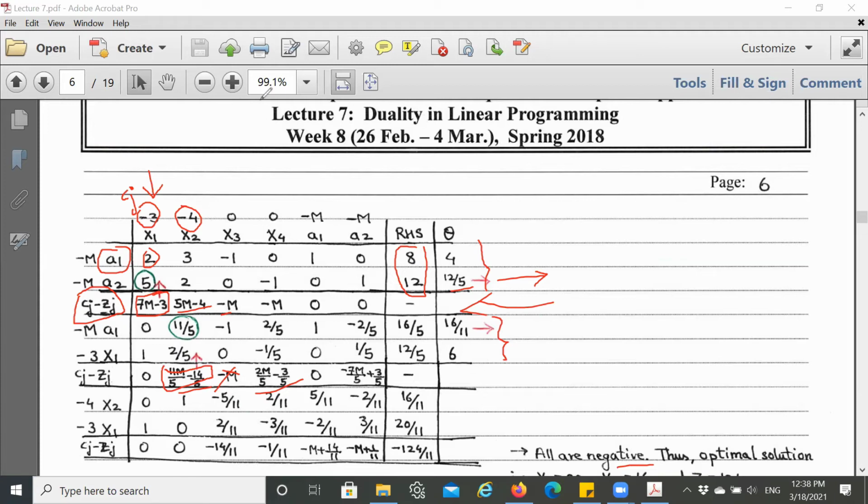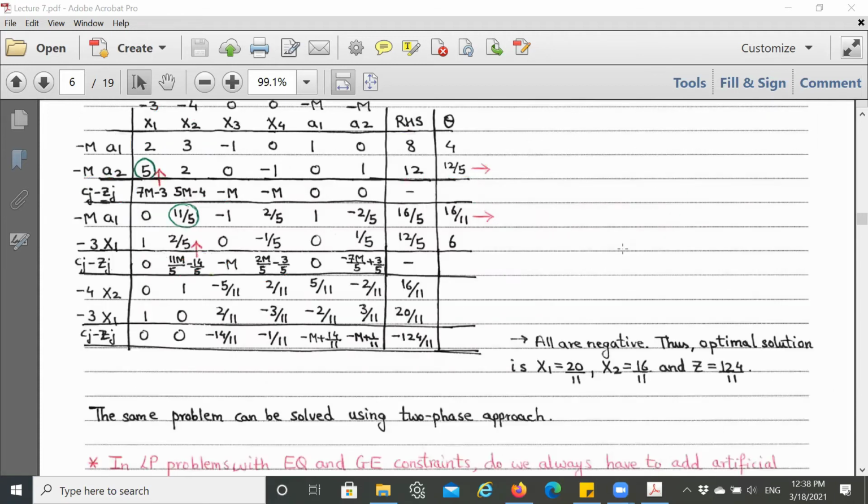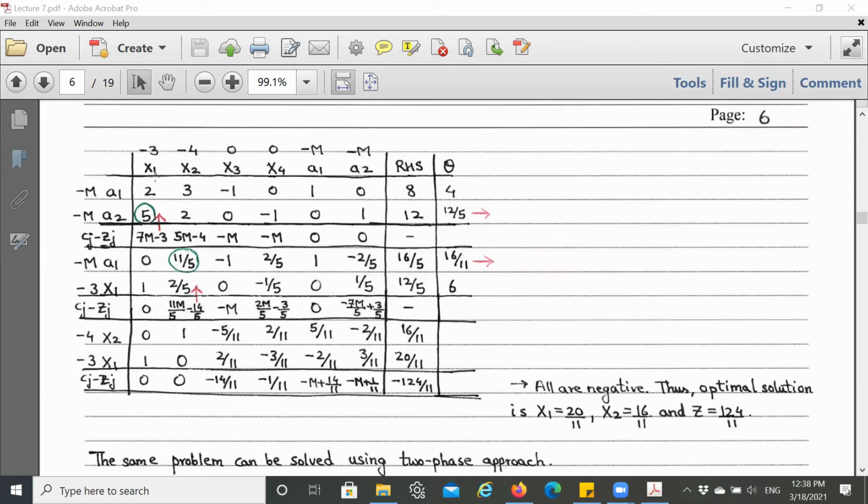So the optimal solution would be, where is it? Okay, x1 is equal to 20 by 11. x2 is equal to 16 by 11. And the z value that you would get would be a negative value because you started out with this.